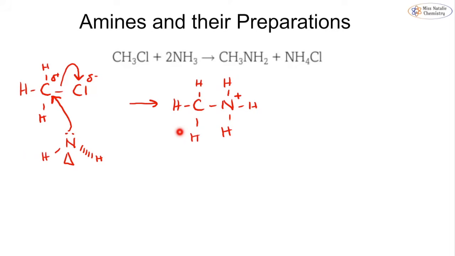Now, the problem with this is we do not want that positive charge. We want to form our primary amine, and we do have our ammonia in excess.